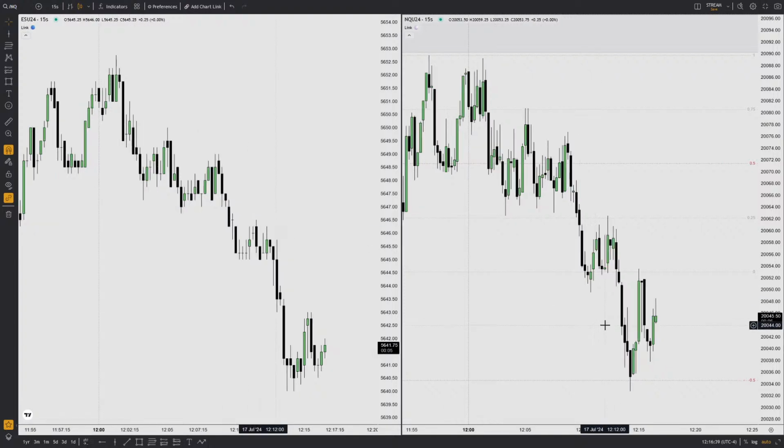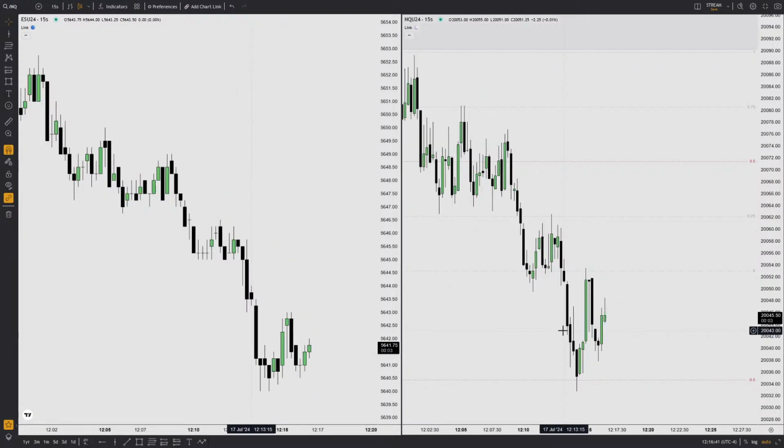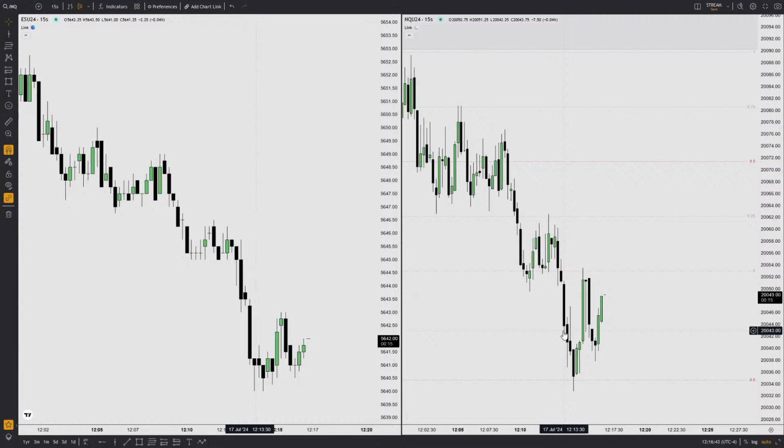Okay, so right now I'm waiting for two things. A green candle on the 5 minutes, and best case scenario SMT within the order block.